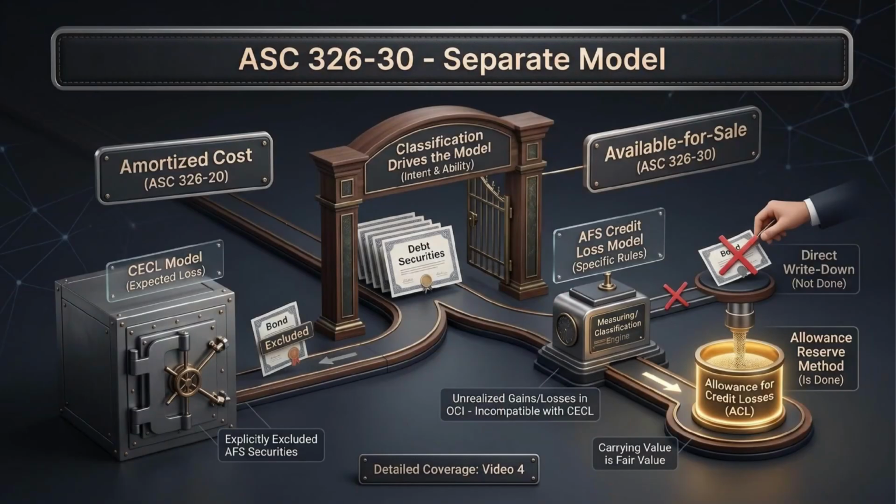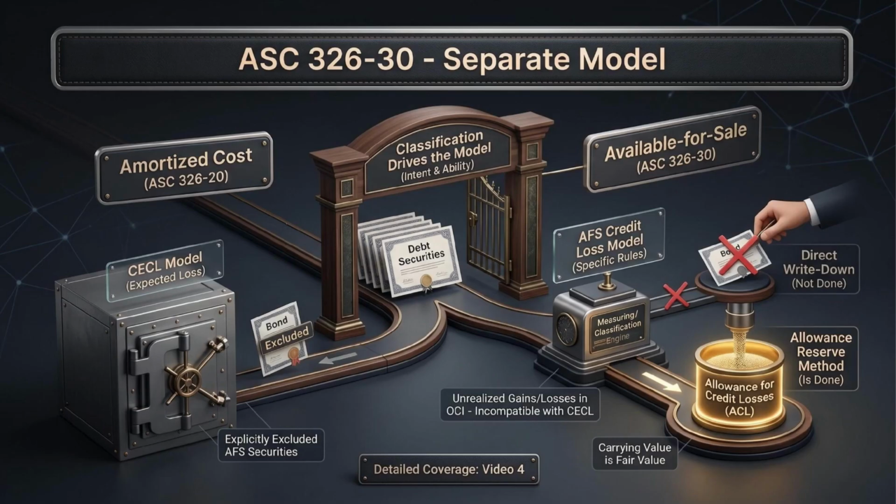Available for sale debt securities need separate treatment under ASC 326-30. These securities carry unrealized gains and losses in other comprehensive income, or OCI, so the amortized cost CECL model in dash 20 does not fit them.